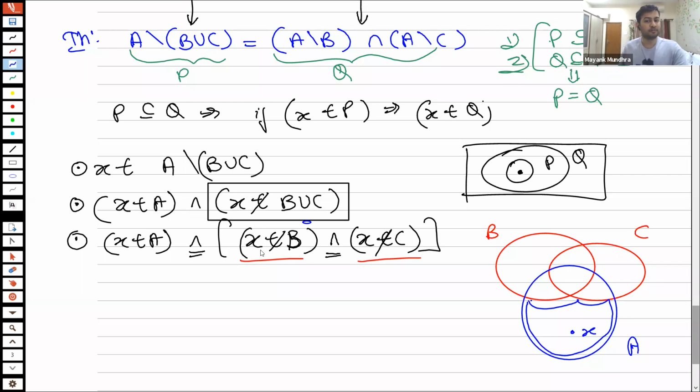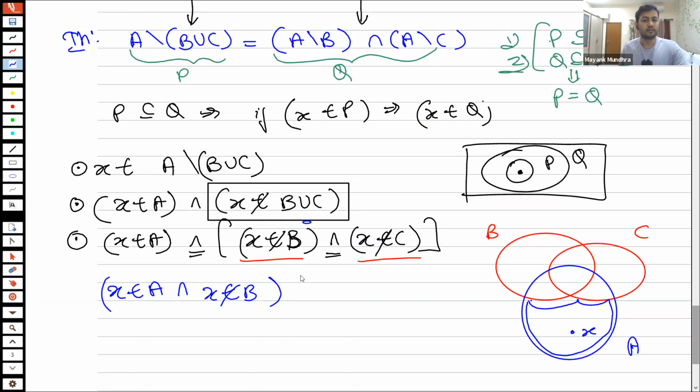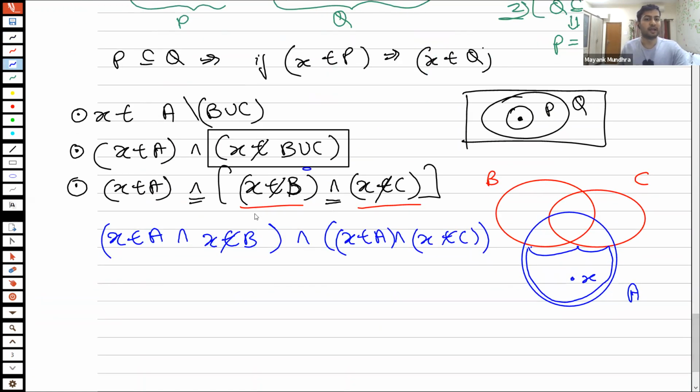Now I can open this bracket up. I can write X belongs to A and X does not belong to B, and X belongs to A and X does not belong to C. That's how this bracket opens.